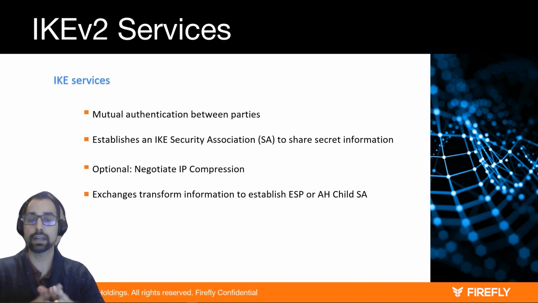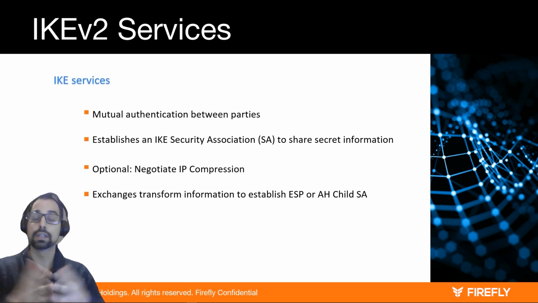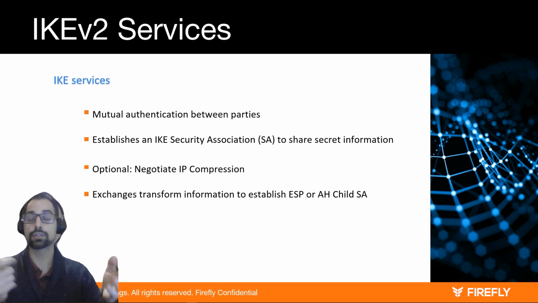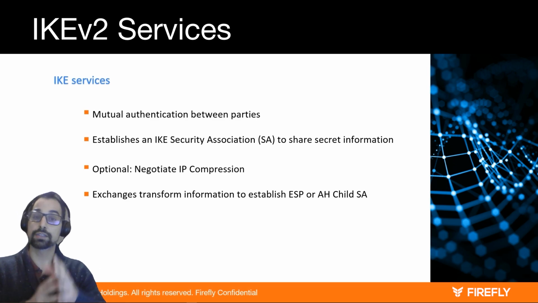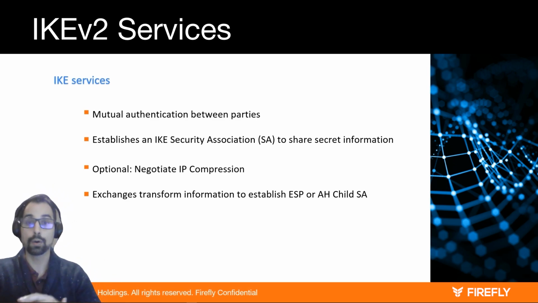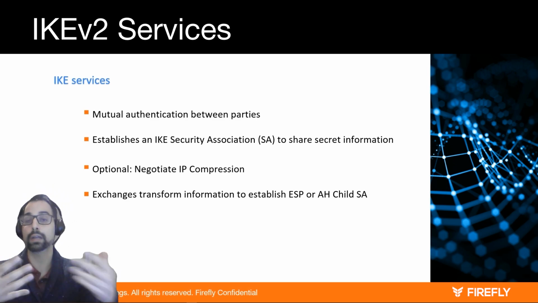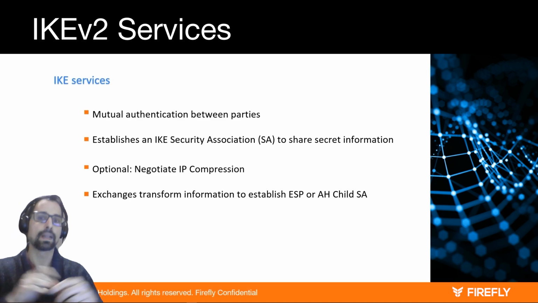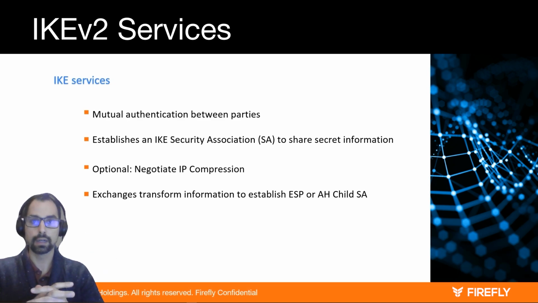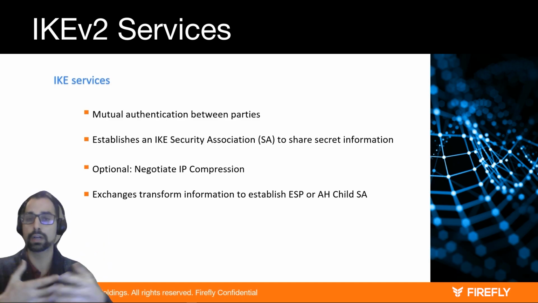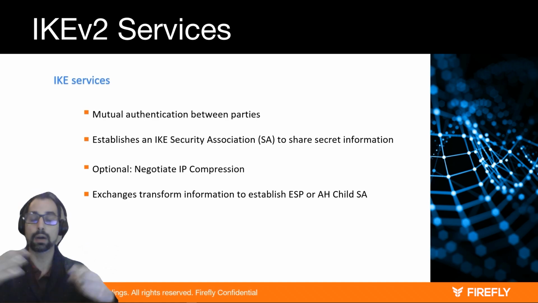And finally, it's going to help us, on the exchanges, to establish a second security association that is called the child security association for ESP or authentication header, depending on what IPsec protocol we're talking about. We're going to go deeper into the security associations, but for now, just think about parameters that we're going to negotiate for our encryption and our security.